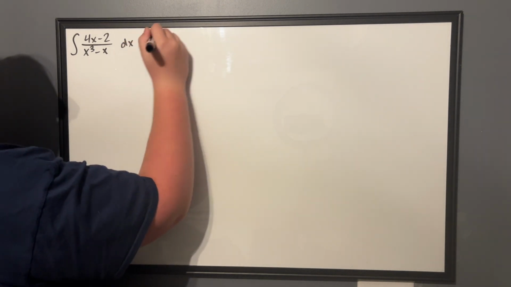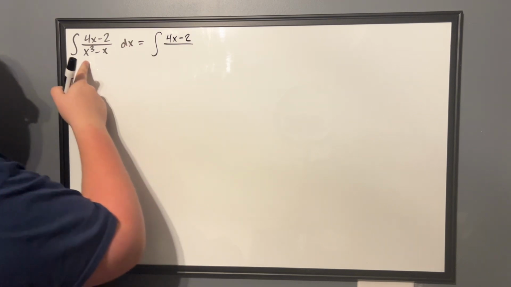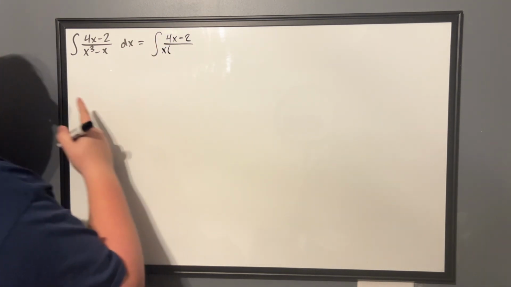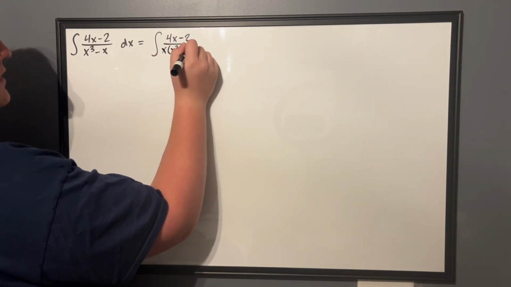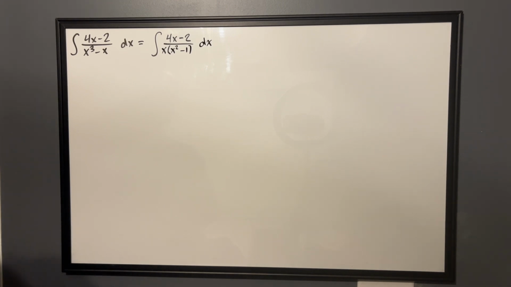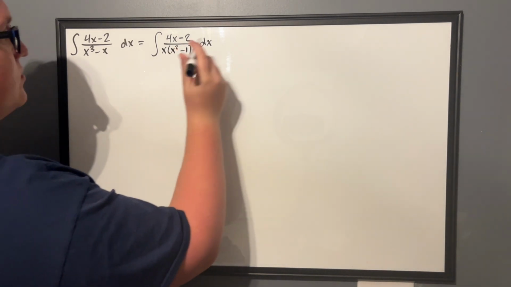So the first thing we can do is rewrite the integral so that we factor an x out of the denominator. If we factor an x out of x cubed minus x, we're left with x squared minus 1. That's a good first step, but we can break it down a little further because this is a difference of squares.